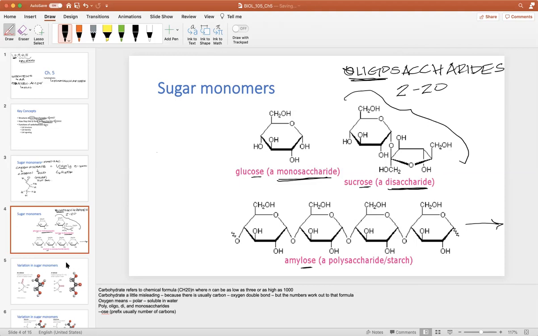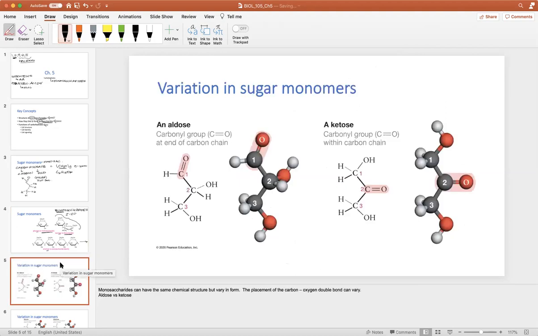All right, now let's look a little more closely at sugar monomers, monosaccharides. So I've got for you here some 3-carbon sugars, okay? And I want to show you a couple of ways that carbohydrate monomers, monosaccharides, can vary among one another. Remember that if we're talking about proteins and amino acid monomers, they varied in their R groups, didn't they?